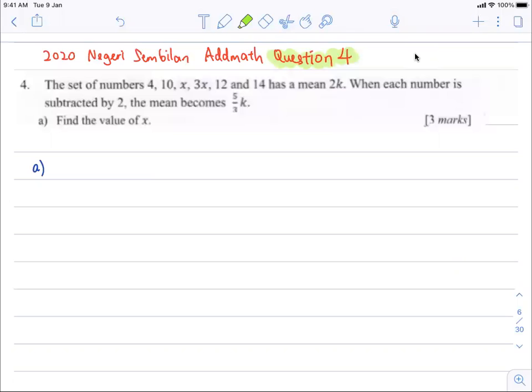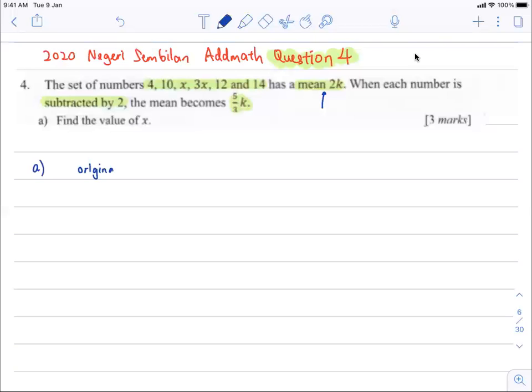So for this question, it provides us a set of numbers and it tells us the average, or the mean, of the numbers is 2k. It also tells us when all the numbers are subtracted by 2, the mean would be equal to 5/3k. So we can write down, this is the original mean.